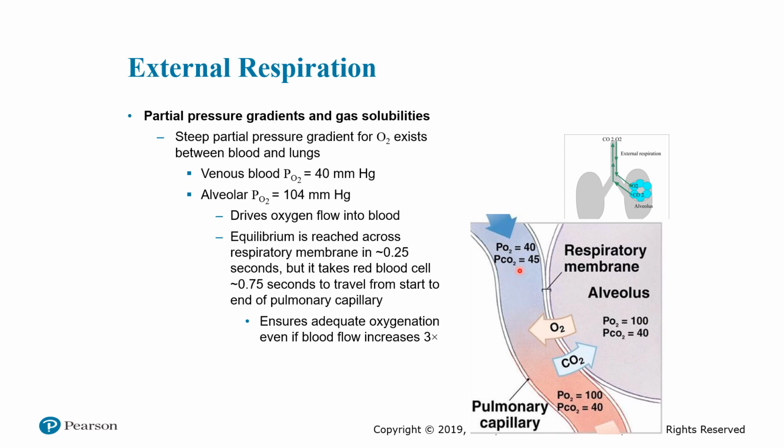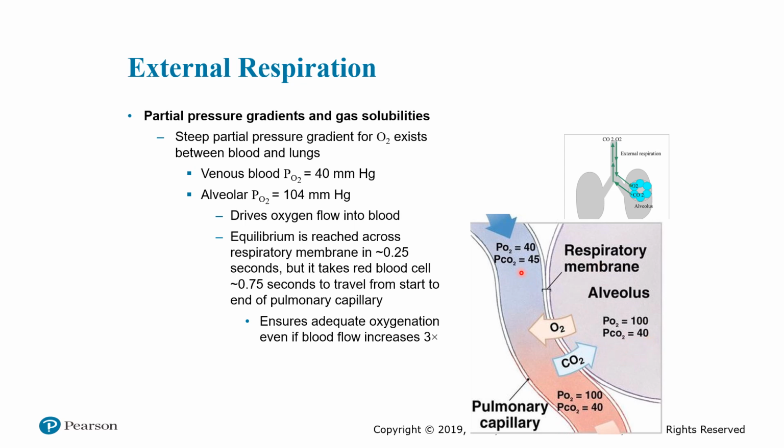Now let's look at the carbon dioxide. The carbon dioxide is 45 in the venous blood, which is like pulmonary artery blood. It is 45 in this blue blood, which is present in the pulmonary capillary, and in the alveolus it is 40.